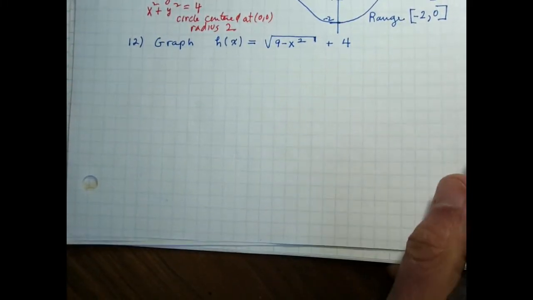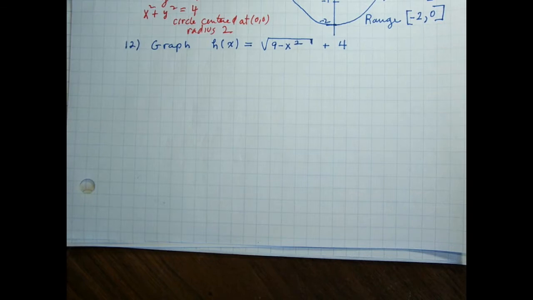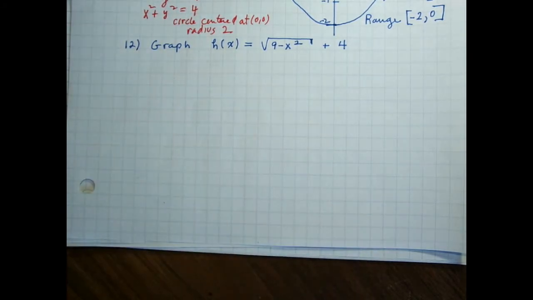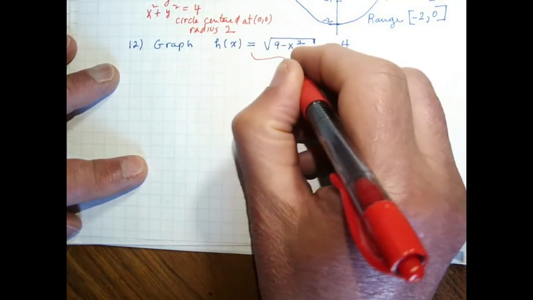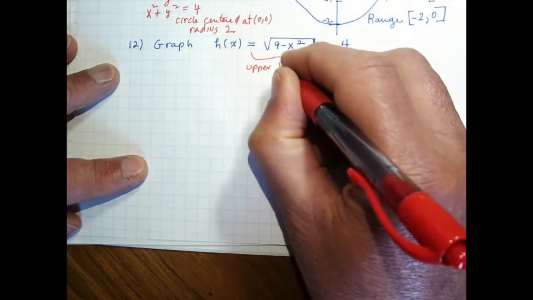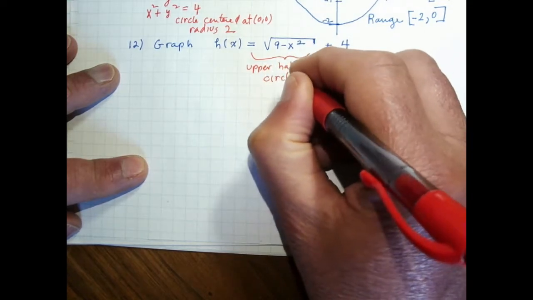Now let's see if we can take this a little bit further and draw a couple more graphs of transformations of these half circle functions. In number 12, we might recognize that we've got an upper half of a circle here.